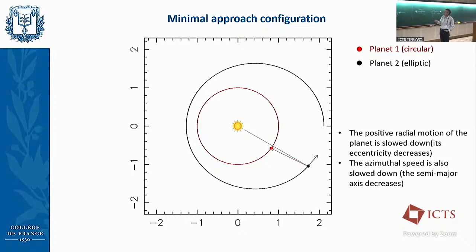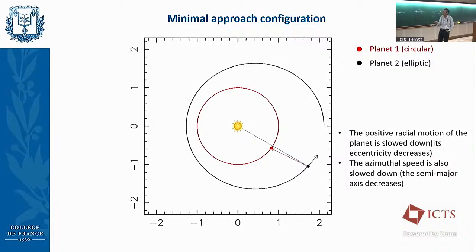So the planet is moving out, so it has a positive radial motion, but it receives a force with a radial component directed towards the sun. So the positive radial motion of the planet is slowed down, which means that its orbital eccentricity has to decrease. If the planet is going out and is slowed down in its radial motion, the eccentricity is decreased.